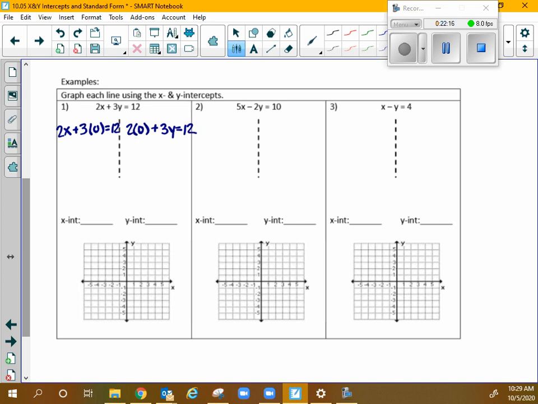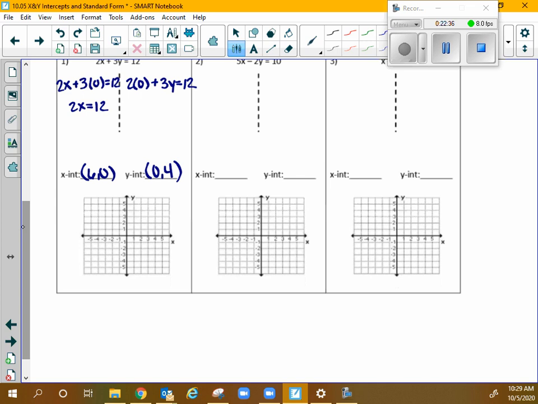So what's my x-intercept there? 6. What will my y-intercept be? 4.